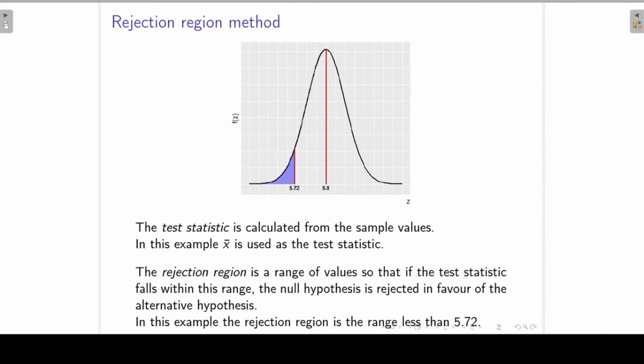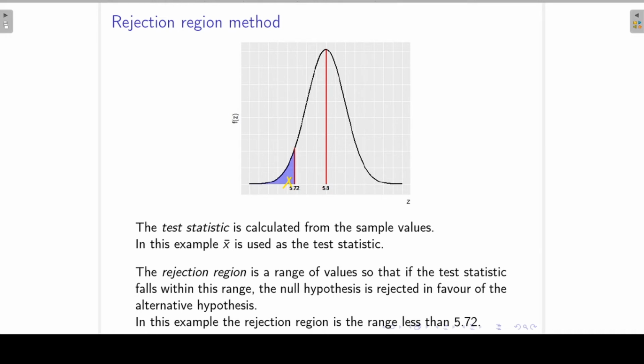So for our example, the rejection region is the range to the left of 5.72. So our test statistic was the sample mean. It was 5.7. It lies somewhere over there. It lies to the left of my cutoff value. It lies within the rejection region, and therefore we reject the null hypothesis.